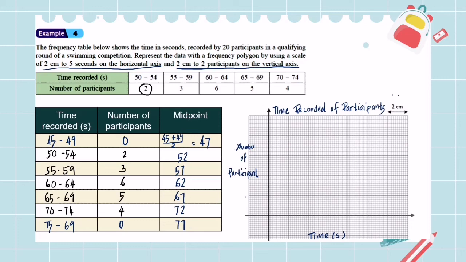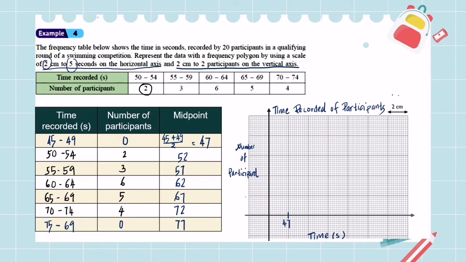Horizontal axis is 2 cm to 5 seconds, but we cannot start with 5. We can only start with the first midpoint with the 0 frequency, which is 47.